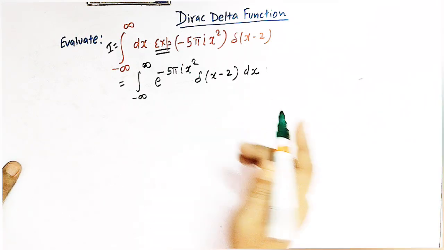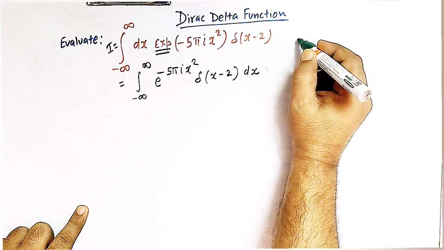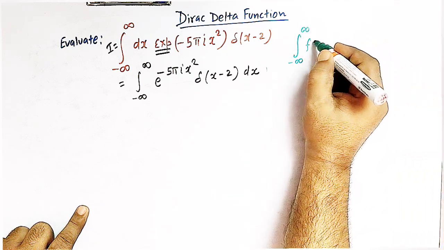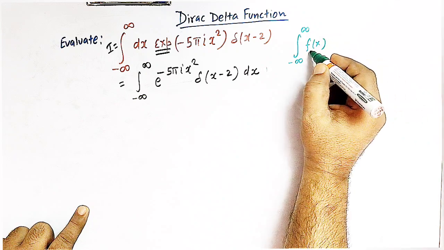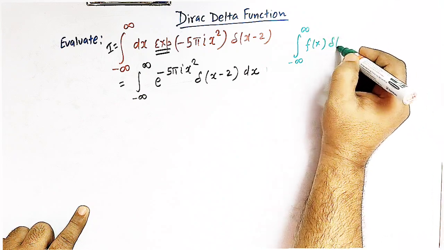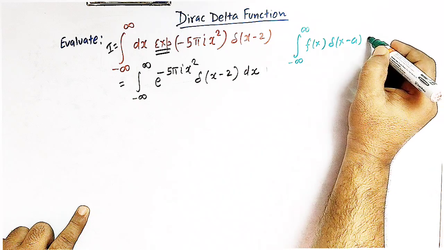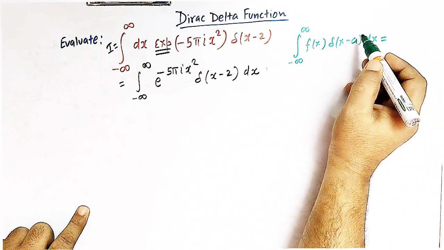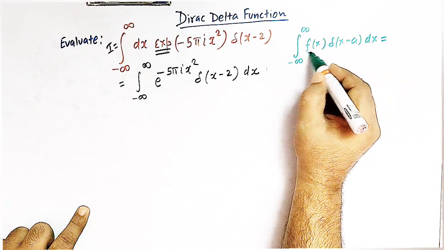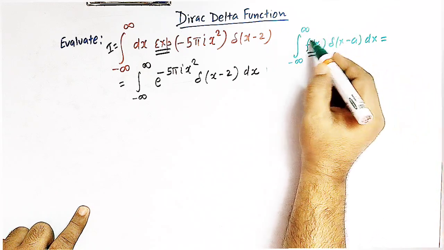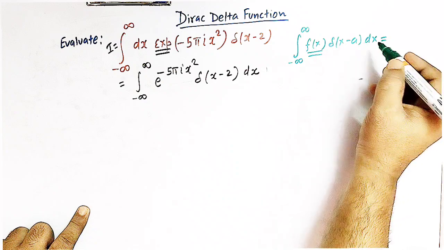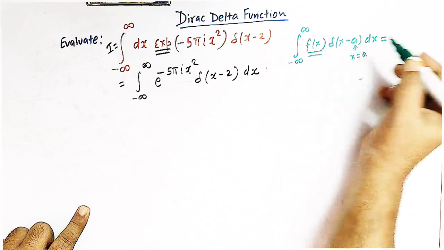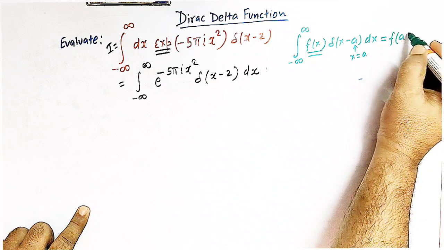So here we'll make use of this definition of delta function, that is integral from minus infinity to infinity, and if we have a function, say f of x, which is associated with the delta function, delta of x minus a, then the value of this integral is equal to the value of this function f of x at this point, that is x is equal to a. So the value is f of a.